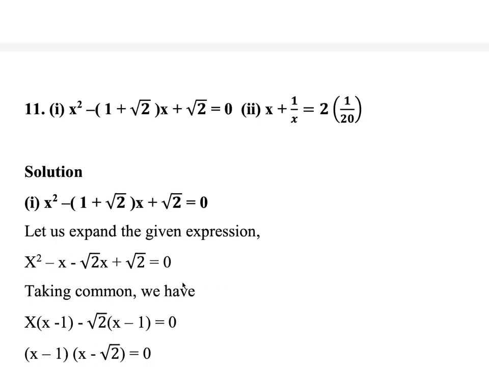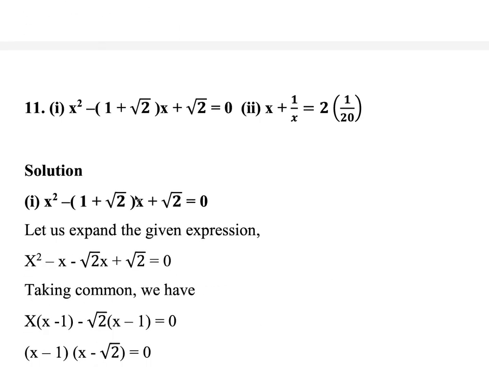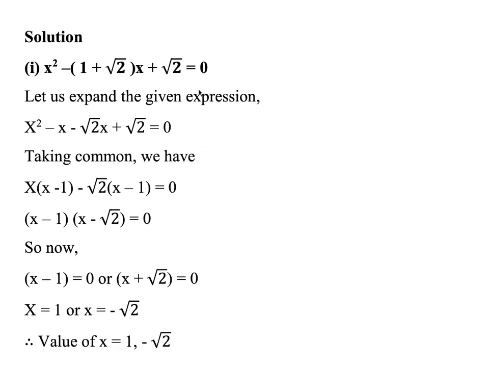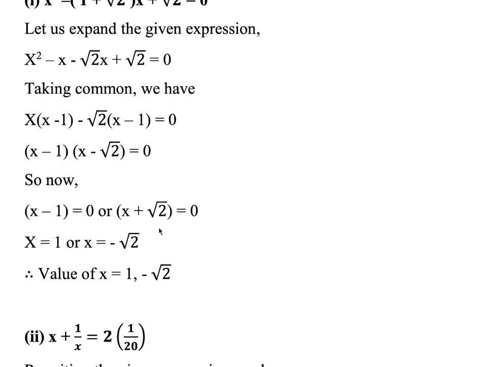Okay, come to the next problem, x square minus (1 plus root 2)x plus root 2 is equal to 0. So let's expand a little bit. You will get (x minus 1)(x minus root 2) is equal to 0.